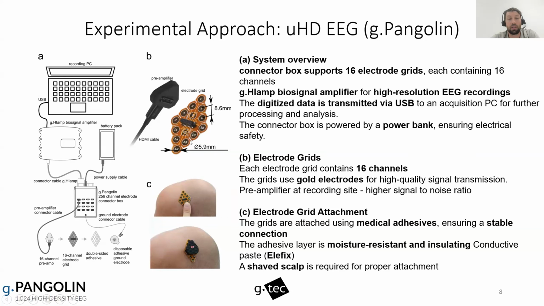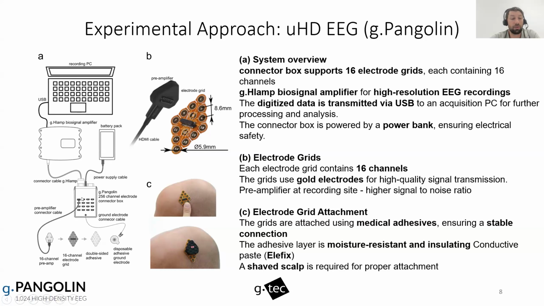The grid itself has a sensor distance, or inter-electrode distance, of 8.6 millimeters, and the diameter is 5.9 millimeters. And on the left side, you can see the grid attached to the skin, and then the preamplifier attached on top.